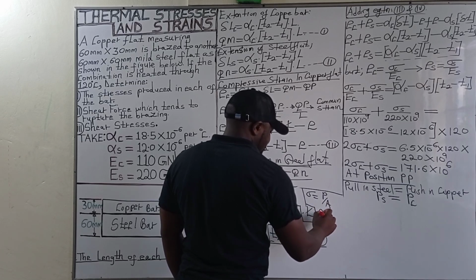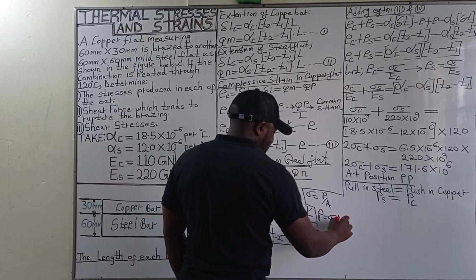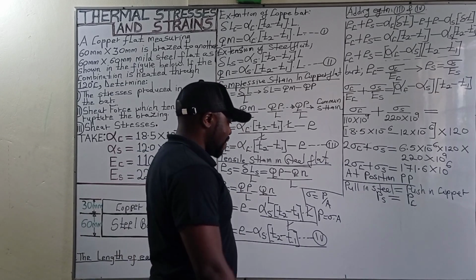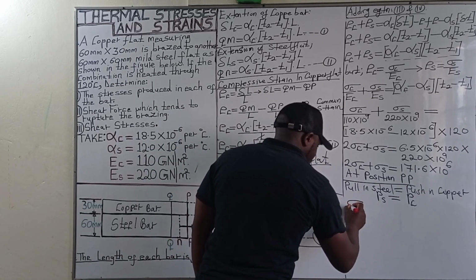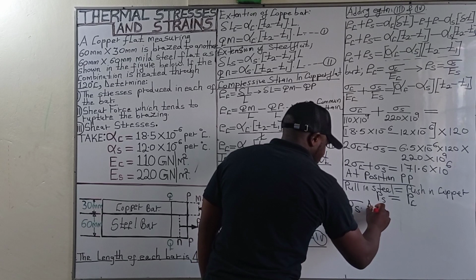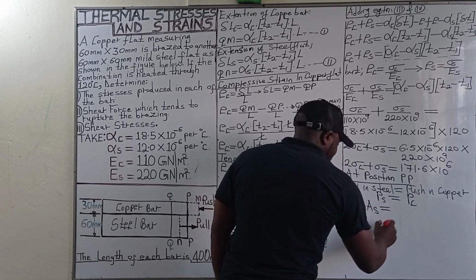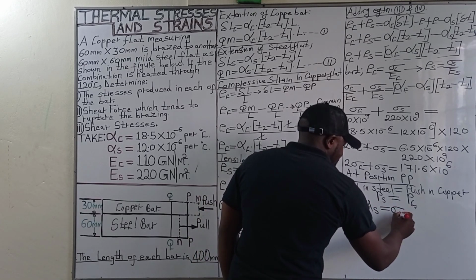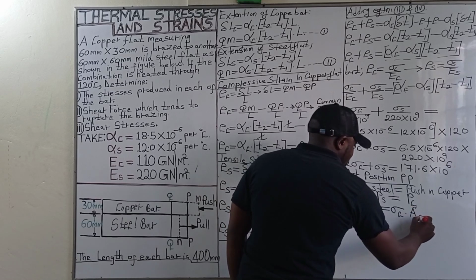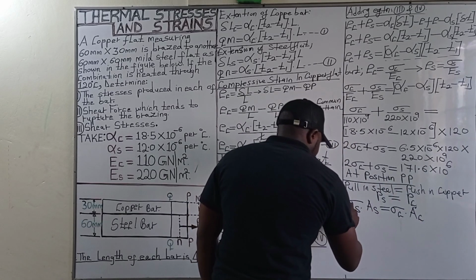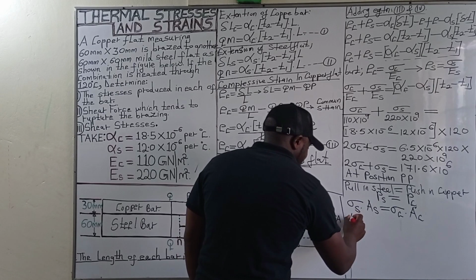Therefore, when you make load the subject, you are going to have stress times cross-sectional area. Therefore, the stress in steel times the cross-sectional area of steel is equals stress in copper times cross-sectional area of copper. Let's determine the cross-sectional areas.